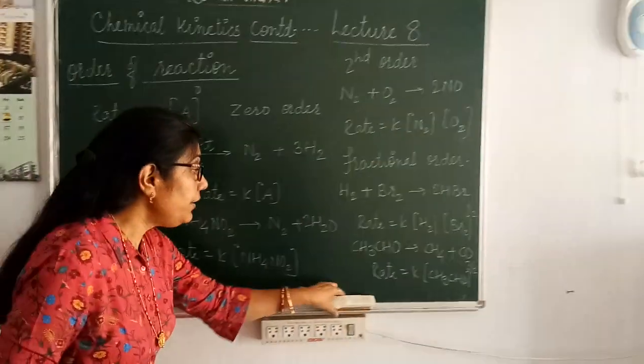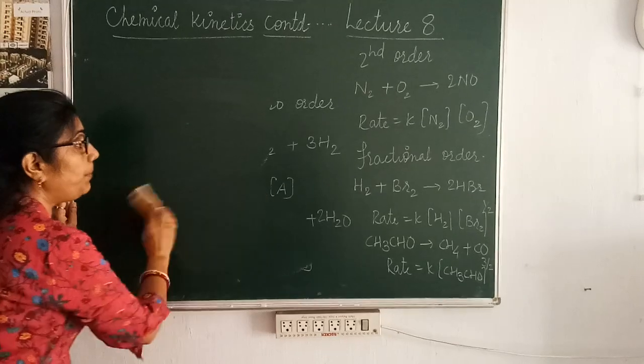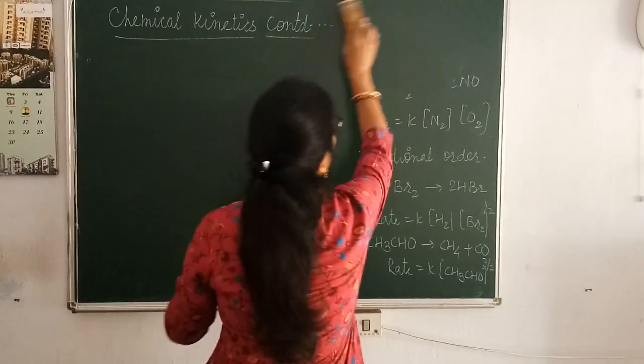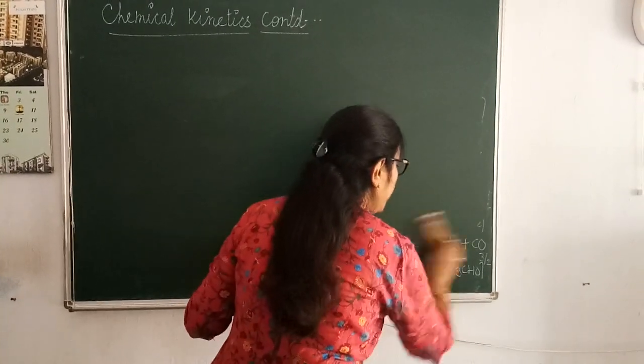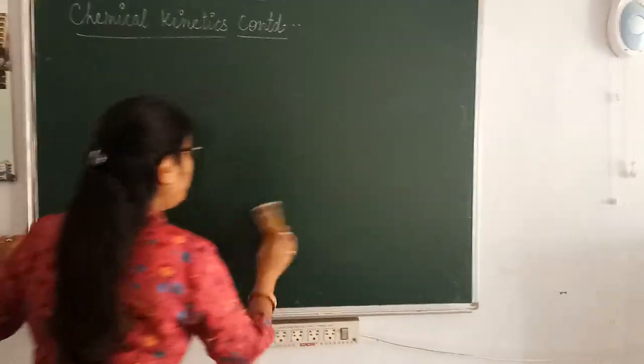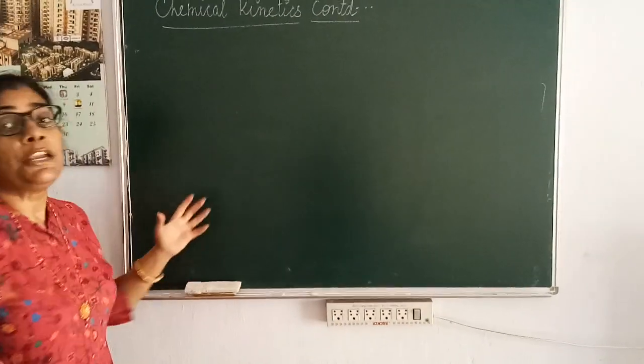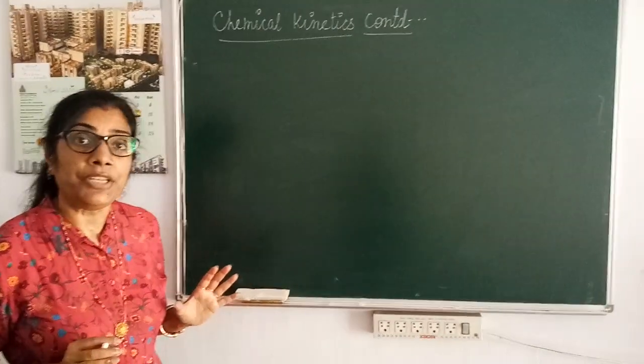Why does it happen? Because according to chemical kinetics, the basis of a chemical reaction is collision, and it is very difficult for a reaction to take place when more than 2 or 3 reacting species collide with each other simultaneously.